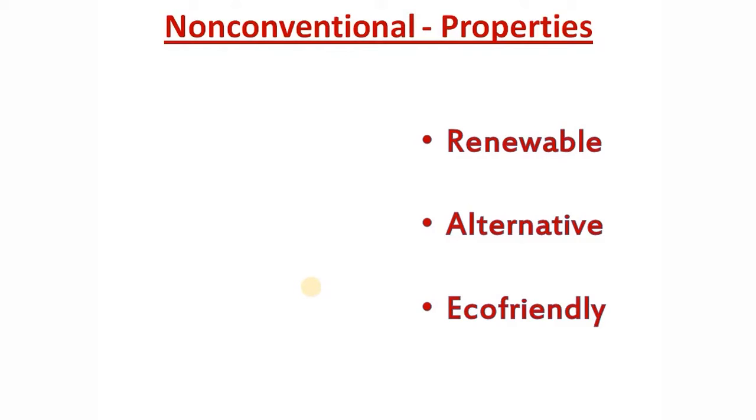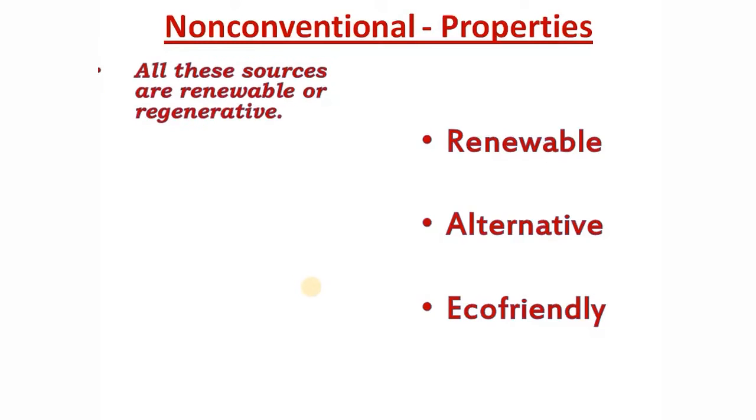So now let us see one by one some specific properties of non-conventional energy sources. First, all these sources are renewable or regenerative. Regenerative means something which will be produced repeatedly. They are not going to be finished once, but that is not the case with conventional sources.